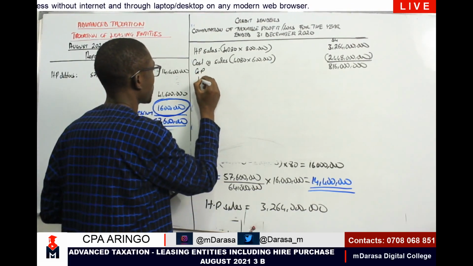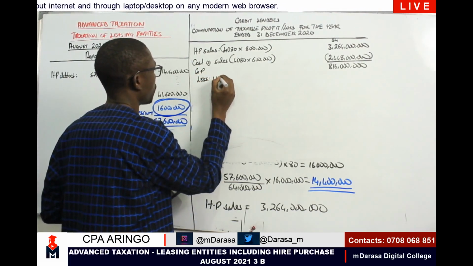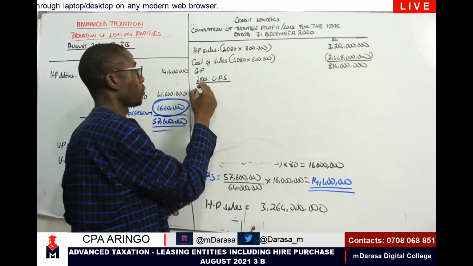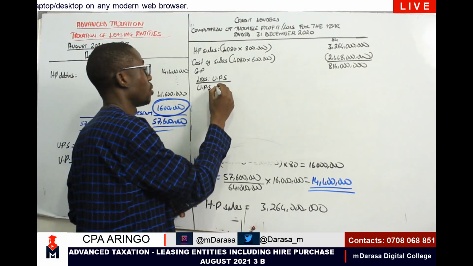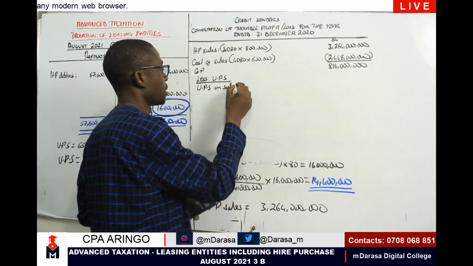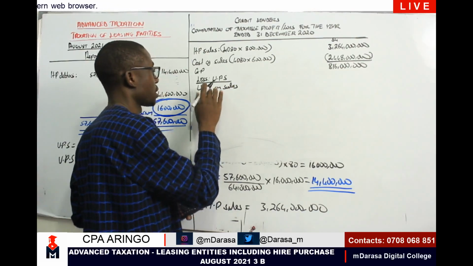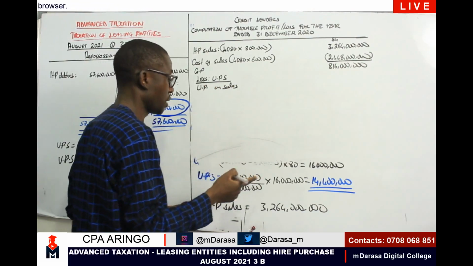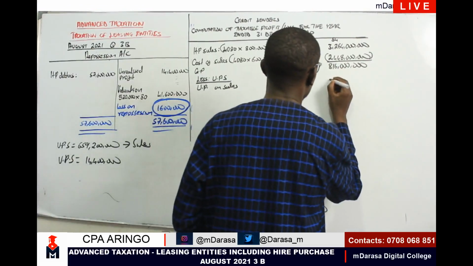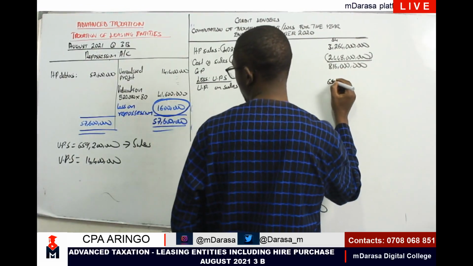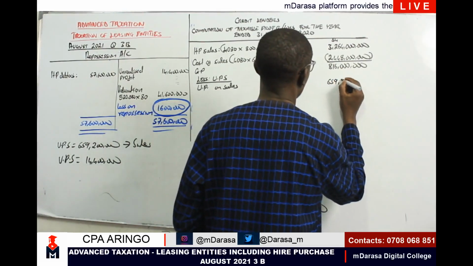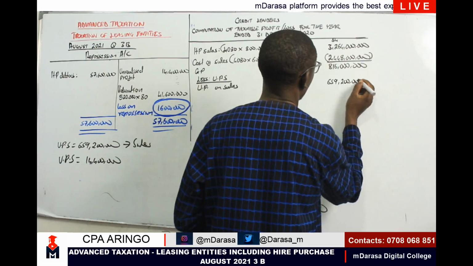We less the unrealized profit on sales, the UPS on sales. In this case, we determined a figure of 659,200,000. That is what we had.